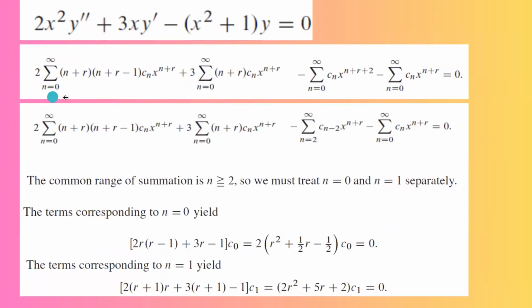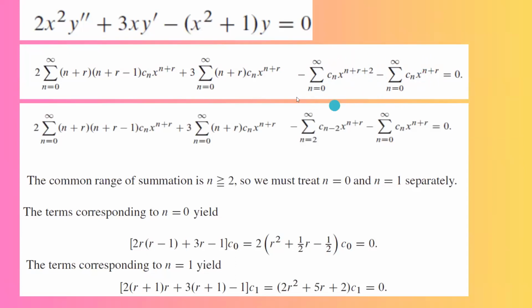The very first power series starts at 0, and the exponent of x is n plus r. You don't have any issue here. Take a look at the second power series. It starts at 0 with exponent n plus r. The third power series, however, starts at 0, but the power is n plus r plus 2. And the last one is starting at 0, and the power is n plus r.